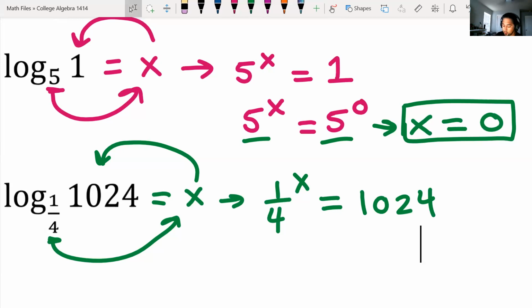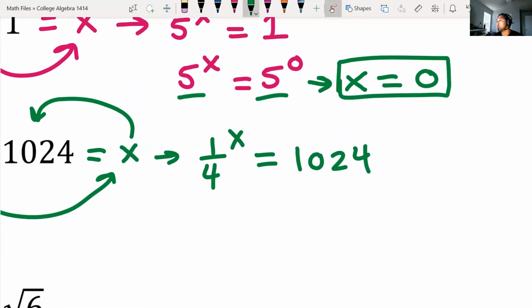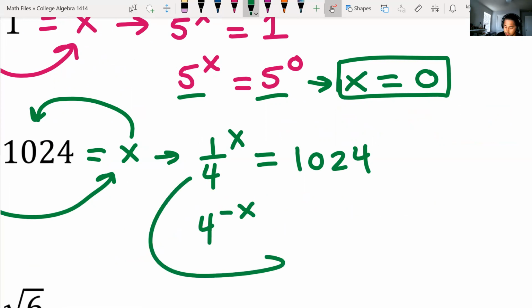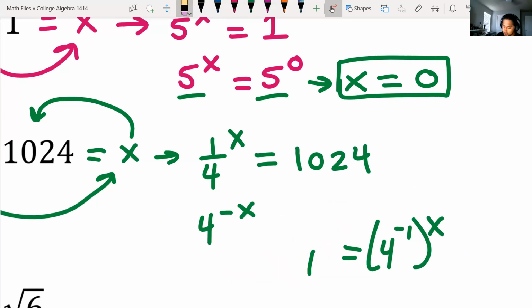Well, I'm going to assume that these have the same base of 4. So 1/4 to the x, I can rewrite as 4 to the negative x. 1/4 to the x becomes 4 to the negative 1 to the x, which then becomes 4 to the negative x. So we just rewrite that exponentially.